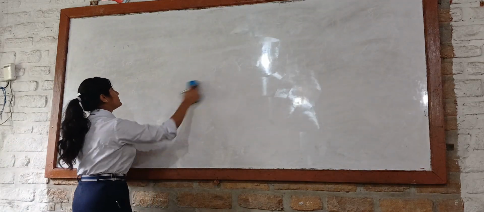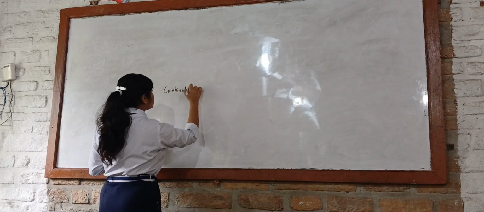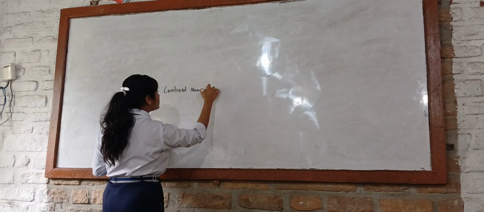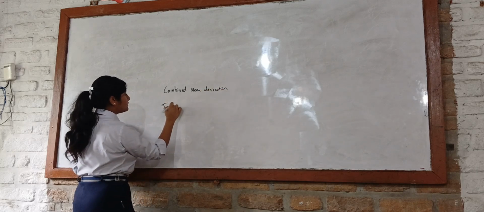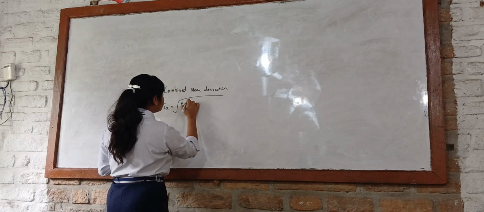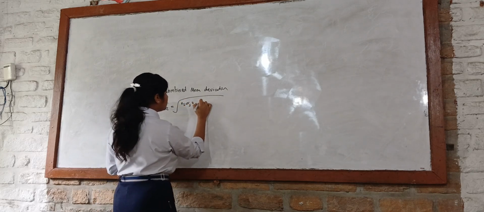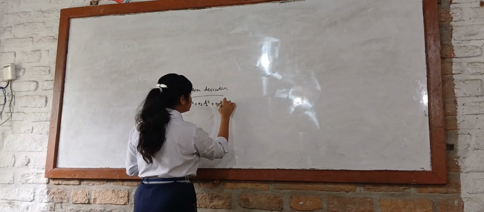So now next is combined standard deviation. It is given as sigma 1 2 equals under root n1 sigma 1 whole square plus n2 sigma 2 whole square plus n1 d1 whole square plus n2 d2 whole square upon n1 plus n2.